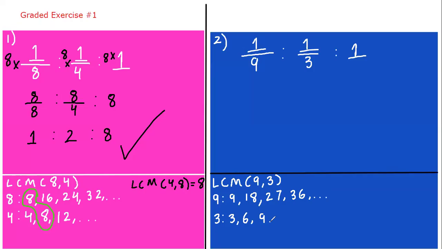All right, so that means that the LCM is going to be 9. You all got 9 as the LCM, right? Yes, sir. Okay. So the LCM of 9 and 3 is 9.